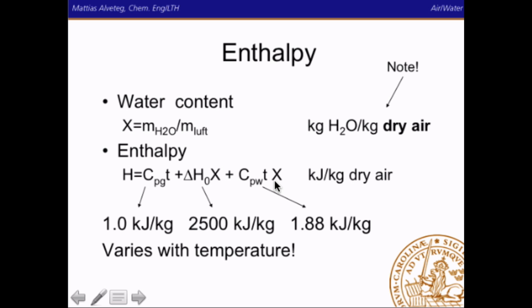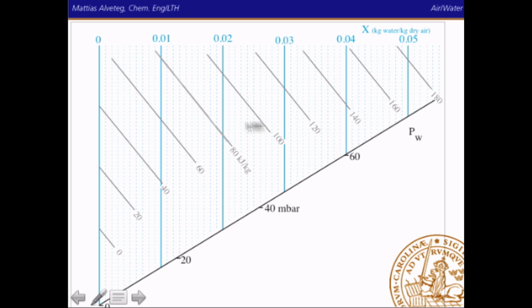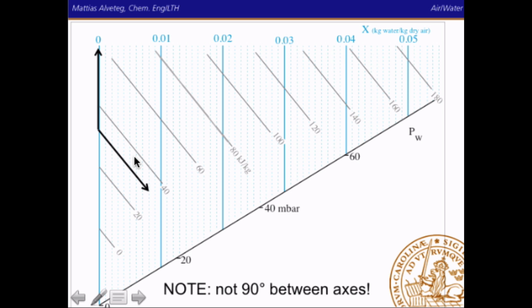A problem with this equation is that the heat capacity varies with temperature, but usually that's actually ignored when drawing a Mollier diagram. So that's slightly wrong, but reasonably accurate at least. Okay, so we draw the enthalpy, but we choose not to draw it orthogonal to the other axis, but rather slanted like this. So note that it's not 90 degrees between the axes.